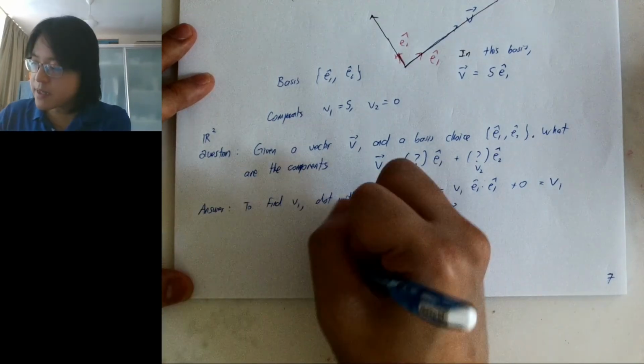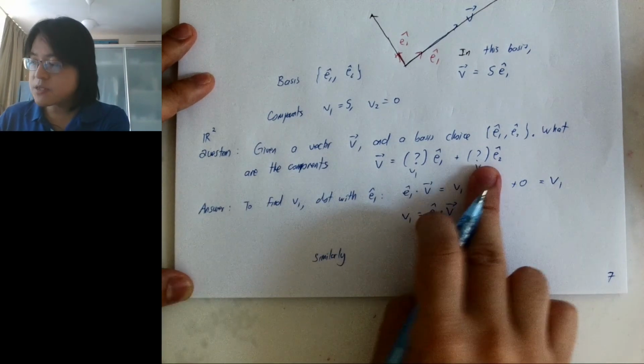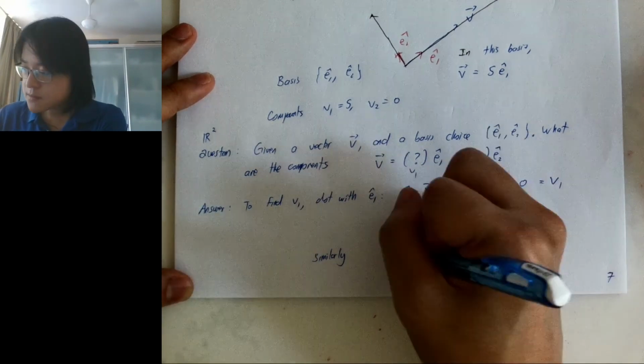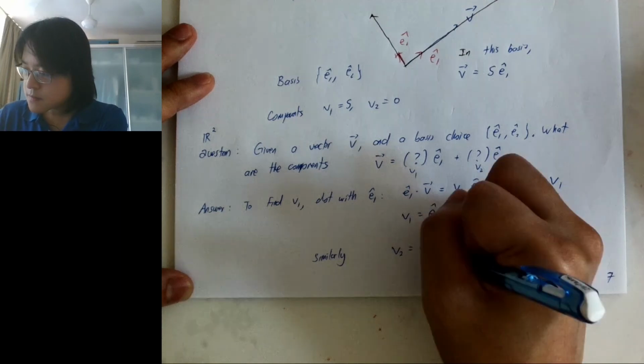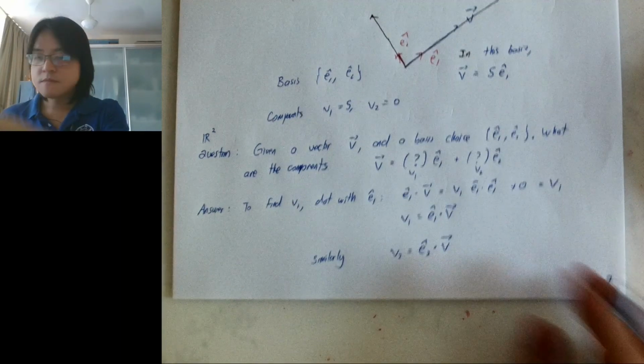And then similarly, to find the second component, you just dot with the second basis vector.